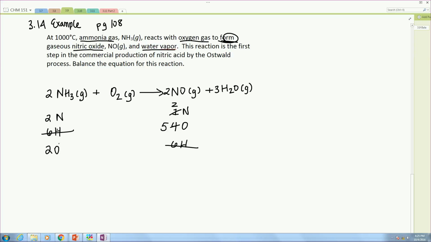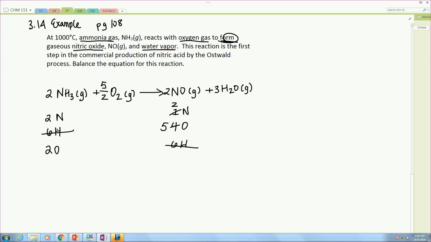Okay. So now we have everything balanced except our oxygens. So we have 2 oxygens here and 5 oxygens here. So one way you can do this is to balance it by saying you have 5 halves of O2. So it would be 2 times 2.5 basically.